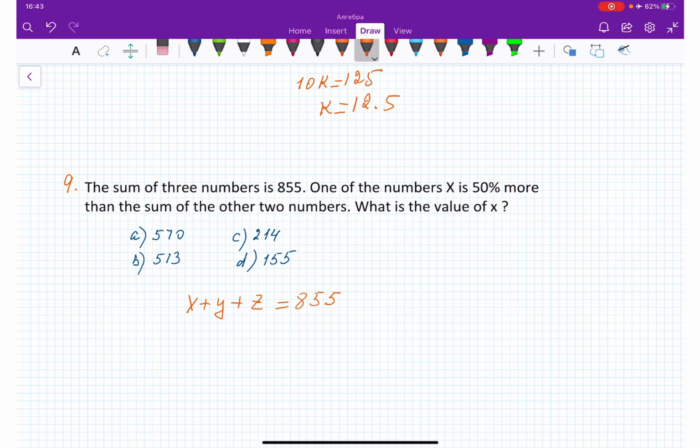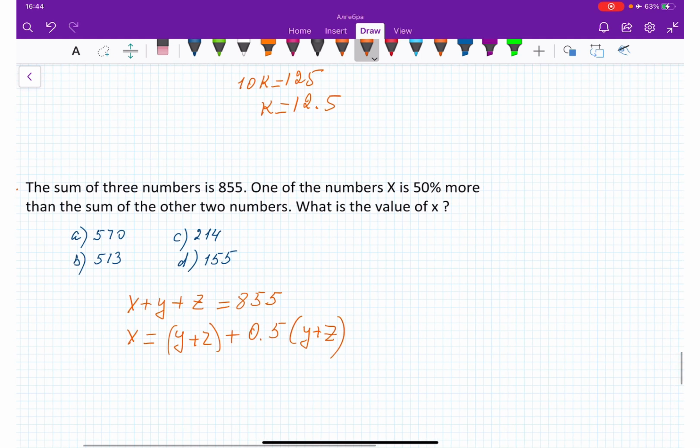One of the numbers, x, is 50% more than the sum of the other numbers. So the sum of the other numbers is y plus z, right? And then plus 50% of that sum, which is 0.5 times (y plus z).